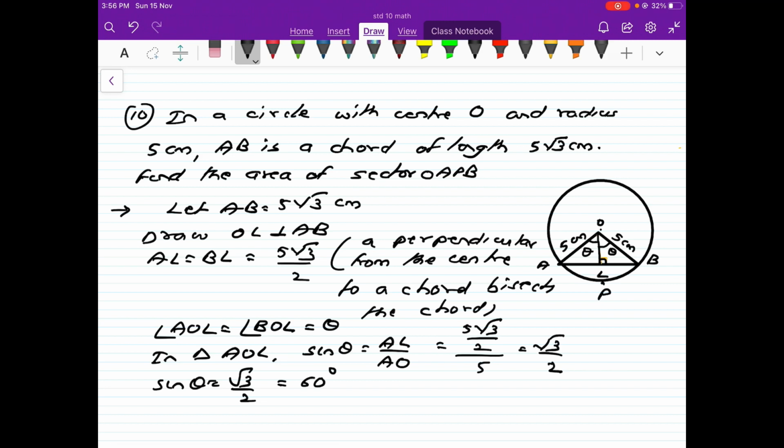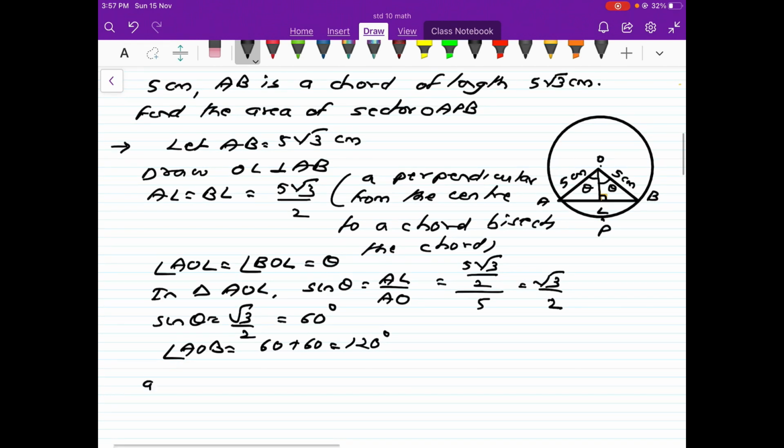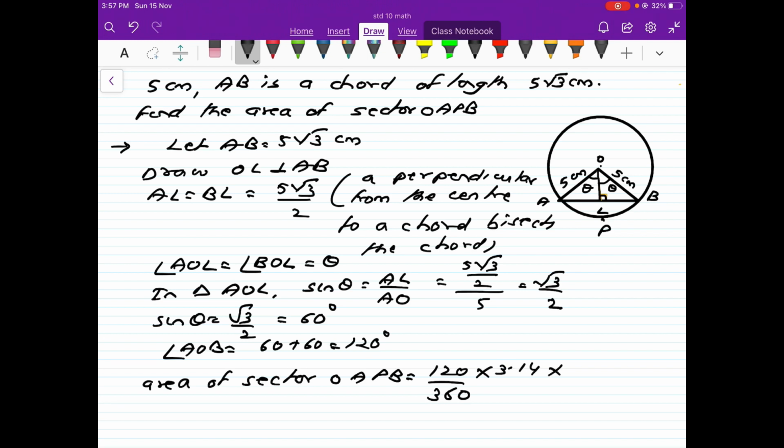So now the total angle AOB is equal to 60 plus 60, which is 120 degrees. Now it is easy for us to find the area of the sector because we have found the angles. So the area of the sector OAPB is equal to 120 upon 360 into 3.14 into 5 into 5.